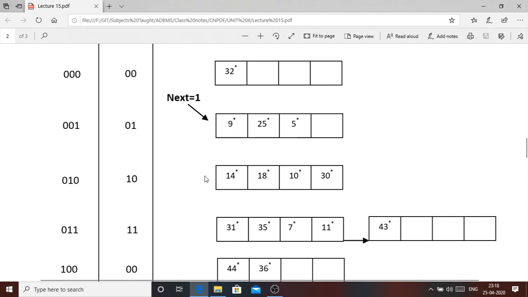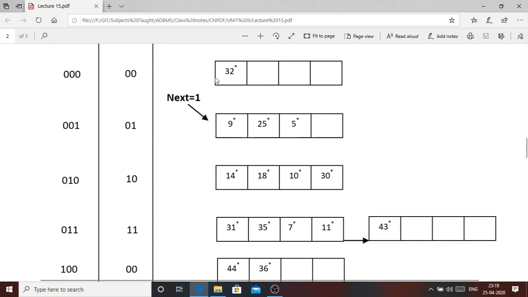At the same time, the bucket which next was pointing to, this bucket, gets split. In extendable hashing, when a bucket is full, the same bucket gets split. But here only the bucket pointed to by next at that moment gets split. So here you use an overflow page to store the value, and the bucket pointed to by next was 0.